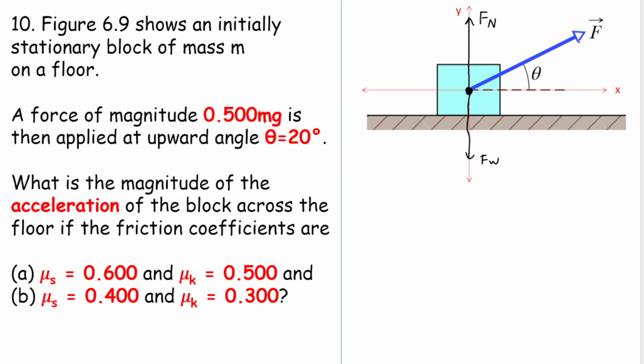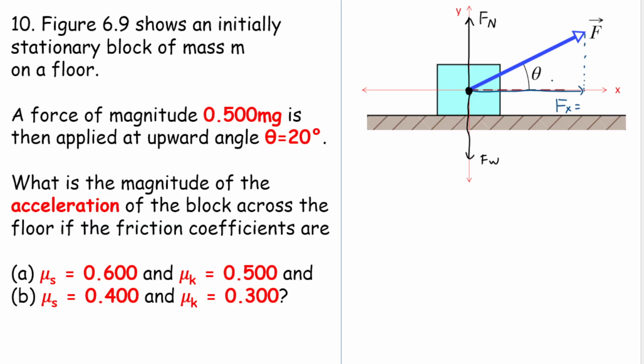And then we have this applied force, the blue one here, and it has an angle of 20 degrees. So we need to project it onto the x-axis and also on the y-axis. Okay, let's do that. On the x-axis, I will have this force, and let's name it Fx. And what is the value of Fx? This is the hypotenuse and this is the adjacent side.